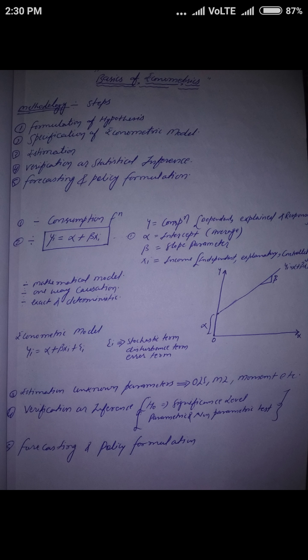So the first step in econometric validation of a theory is the formulation of a hypothesis. A hypothesis is basically an educated guess or a hunch of knowledge or an assumed phenomenon.